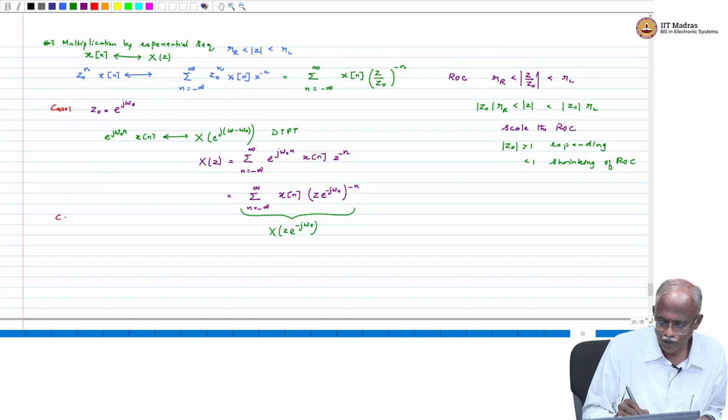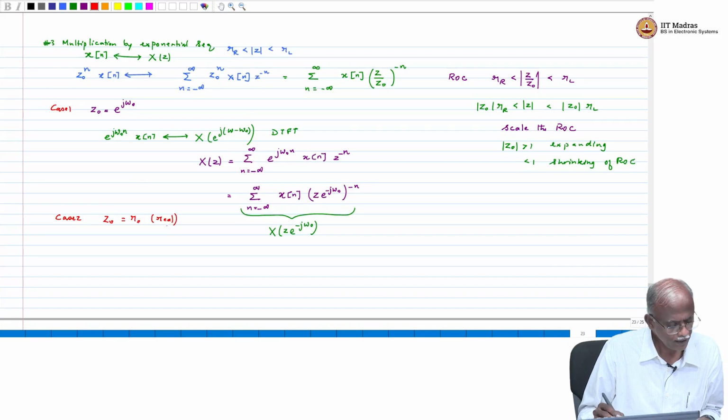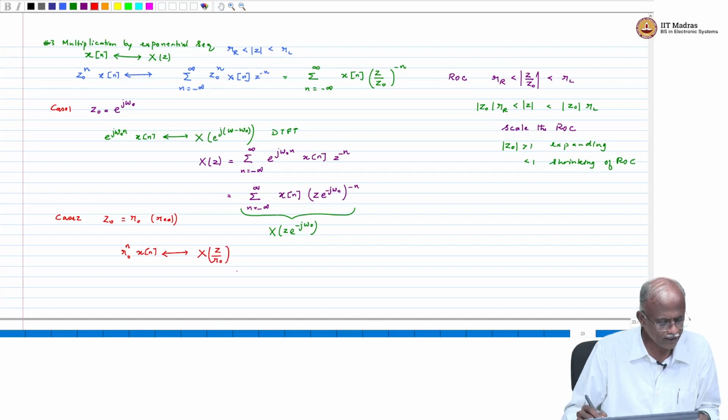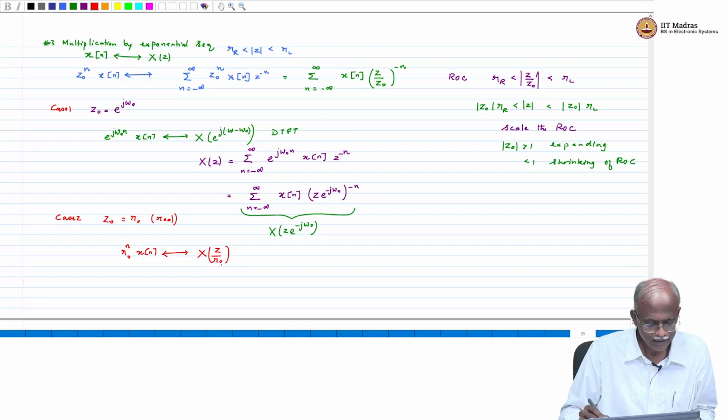Case 2. z naught equal to R naught, some real-valued constant. In this case we have R naught raised to the power n times x of n. This is going to give me x of z by R naught. Just go ahead and substitute, you will get this as the expression.